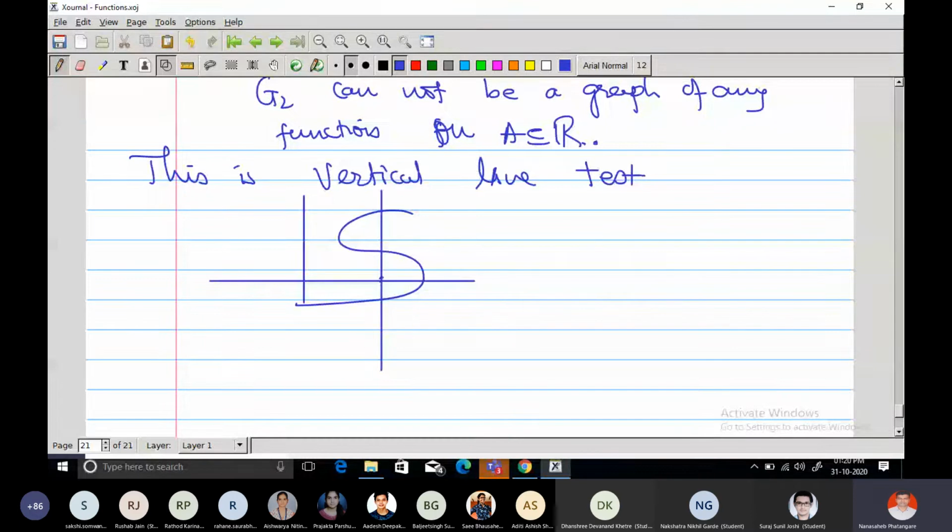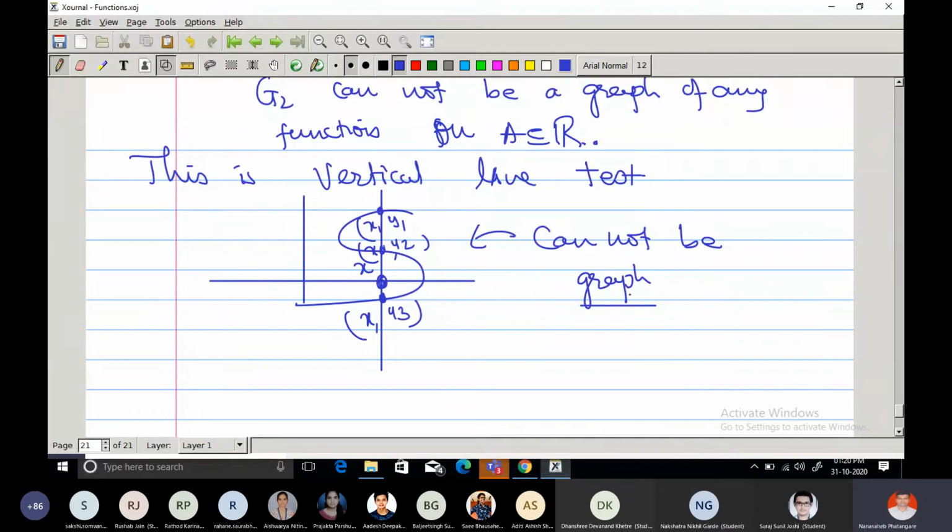Because this particular x corresponds to many values, y1, y2, y3. That means (x, y1), (x, y2) and (x, y3). So the same x corresponds to three distinct points, and that is not according to the definition of a function. So this cannot be a graph.